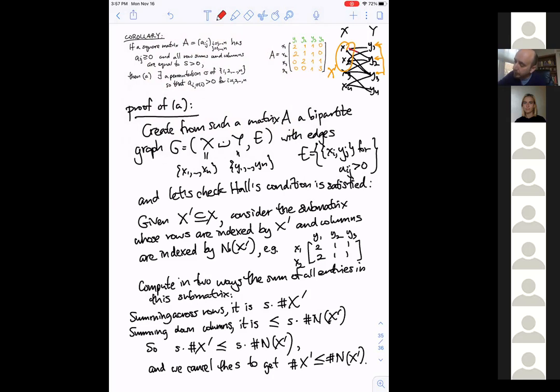Say like this to this, this to that, this to this, this to this. And then when you go back into the matrix, that matching is along edges that correspond to non-zero matrix entries. So like the one that we just computed is this to this, this to this, this, and this.